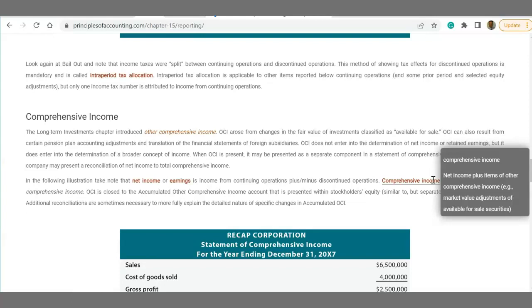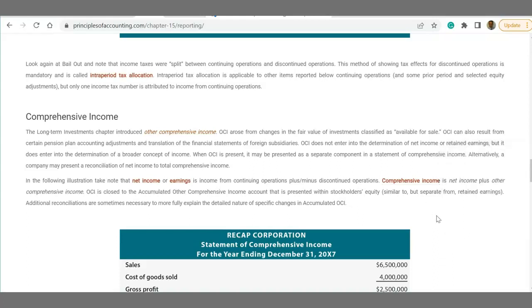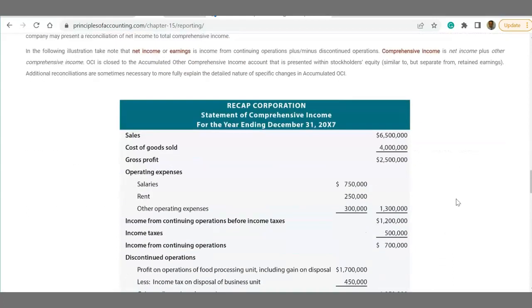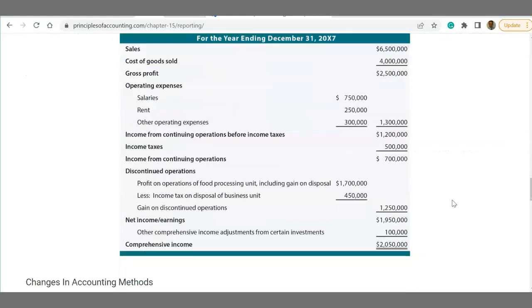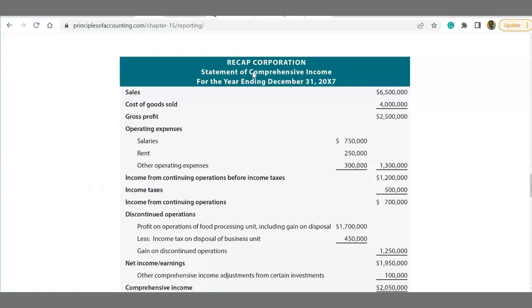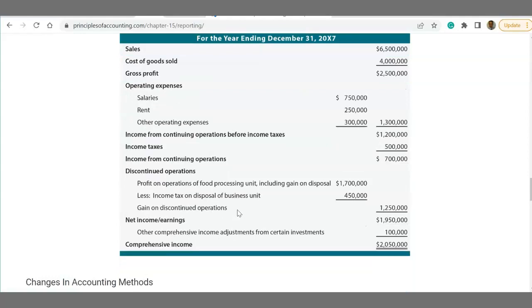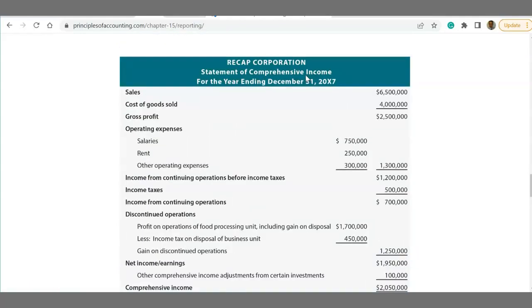So there are sometimes things that, even though you are not realizing yet, you have to recognize as comprehensive income, which is net income plus those other stuff, other comprehensive income. So in this example, let's say we have an income statement, and then right below the income statement, you start the comprehensive income. That's why you get a statement of comprehensive income instead of calling it a statement of income.